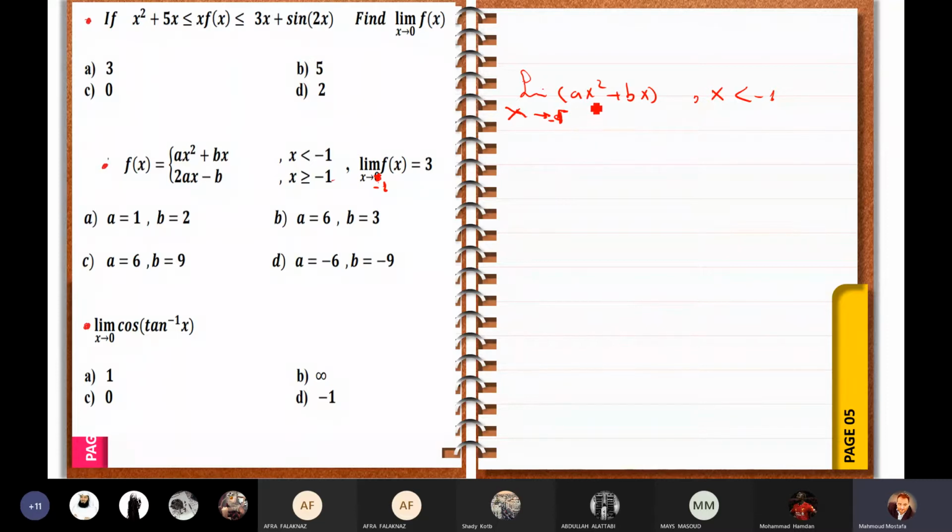Just substitute x equal -1 here. So a times -1 squared plus b times -1 must be equal to 3. So a minus b equals 3. Here is the first equation.